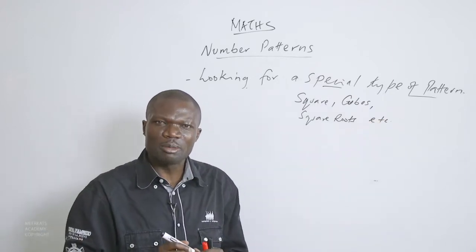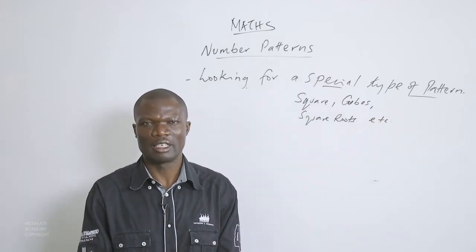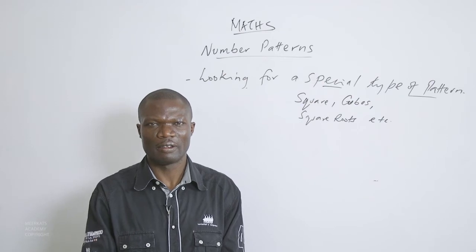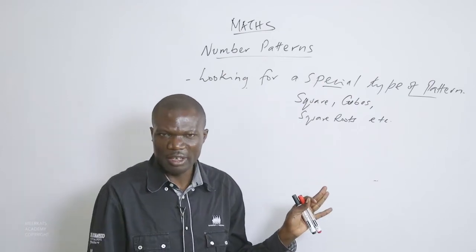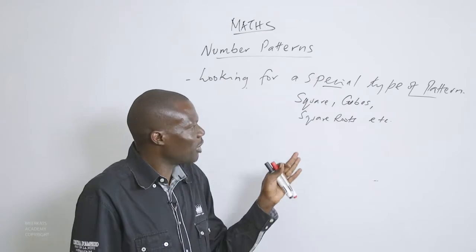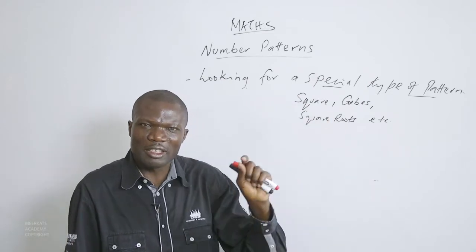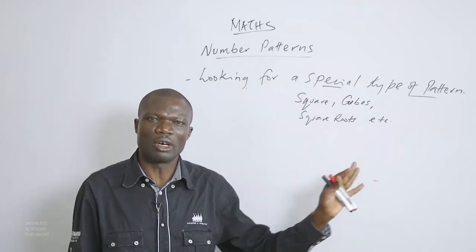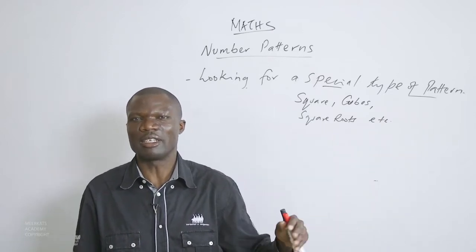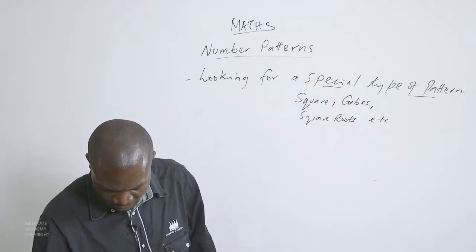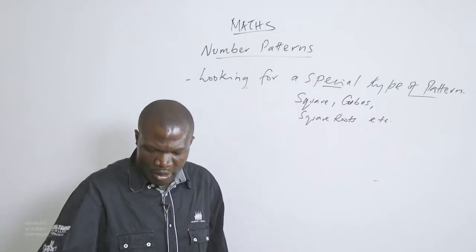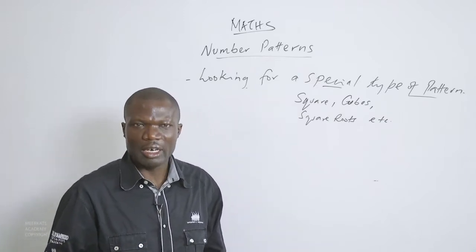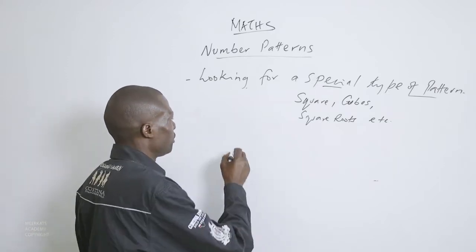We are looking at special patterns. And then, if you happen to identify the special pattern that exists in that particular number pattern, you are there to get to the next term and easily move on. Look at this number and see how it behaves.